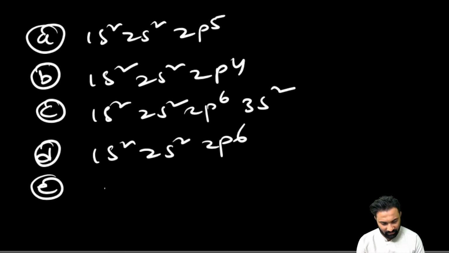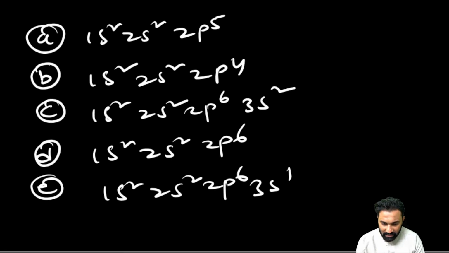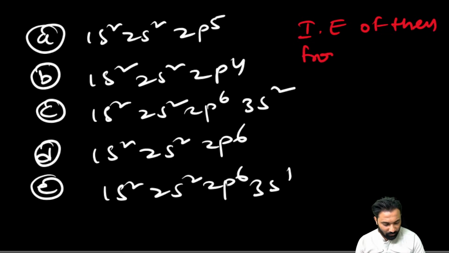E has 1s2, 2s2, 2p6, 3s1. What is being asked? Arrange their ionization energy from higher to lower.